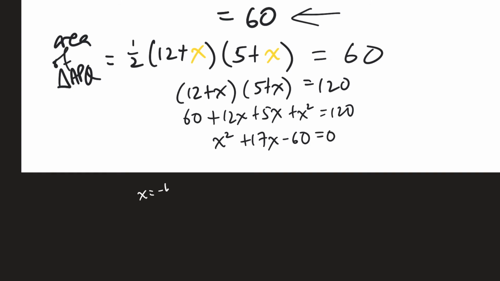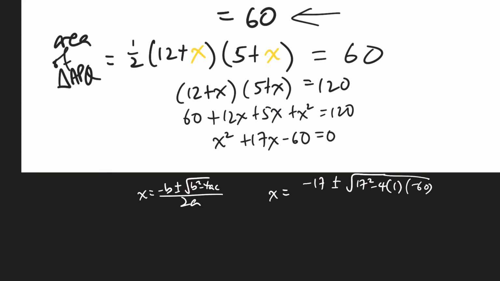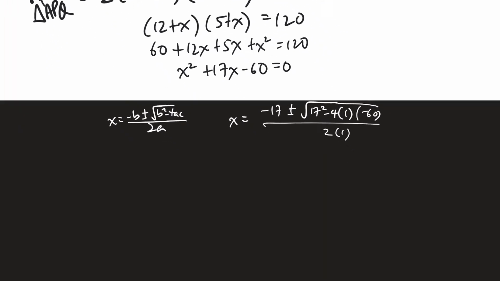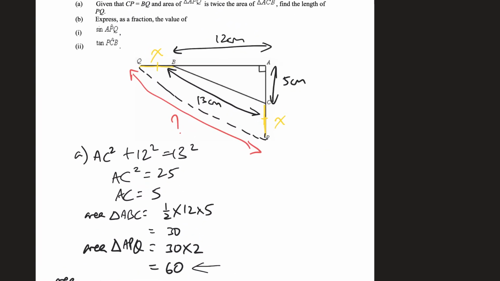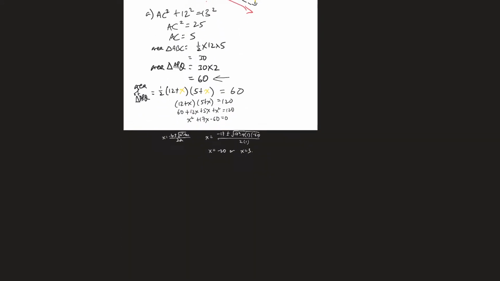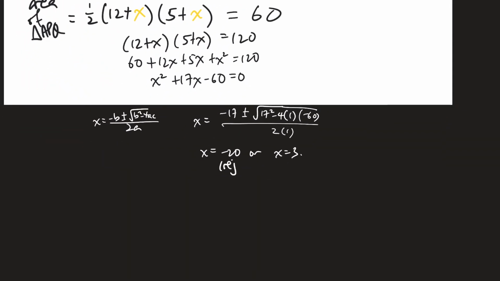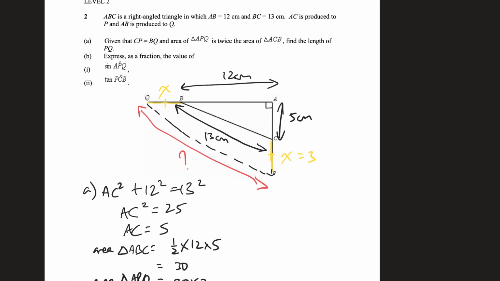So x equals minus b plus minus the square root of b squared minus 4ac, over 2a. And so this will give me x equals negative 20 or x equals 3. If x is negative 20, that doesn't make sense because x is a length, so we reject that. Length is not negative. So x is 3.